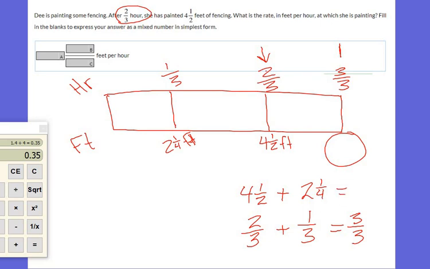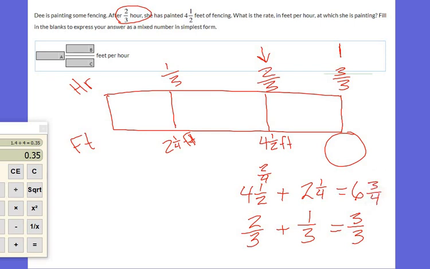It's kind of like a puzzle. So how much is all that? Well, 4 plus 2 gives me 6. I have a half and a 1/4. I need common denominators. I know this is also 2/4. So 2/4 plus 1/4 gives me 3/4.